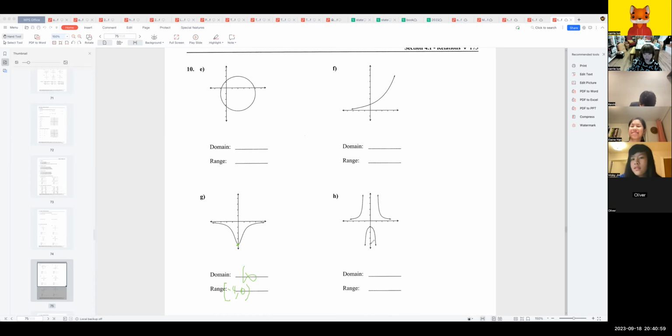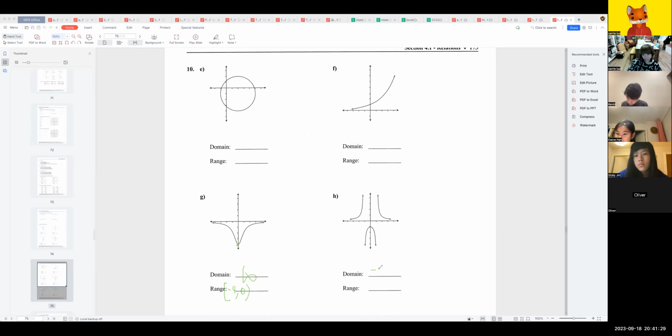Okay, so now Oliver, can you tell me what is the domain for number H? This is a harder one. It has to be bigger than negative infinity, and it can't touch -1, and it can be in between -1 and 1, and it is bigger than 1 but not touching it.